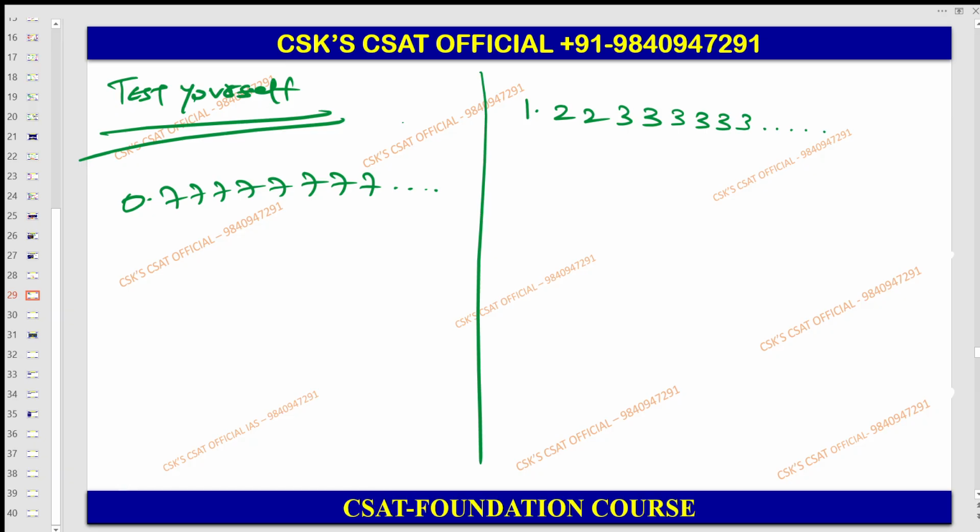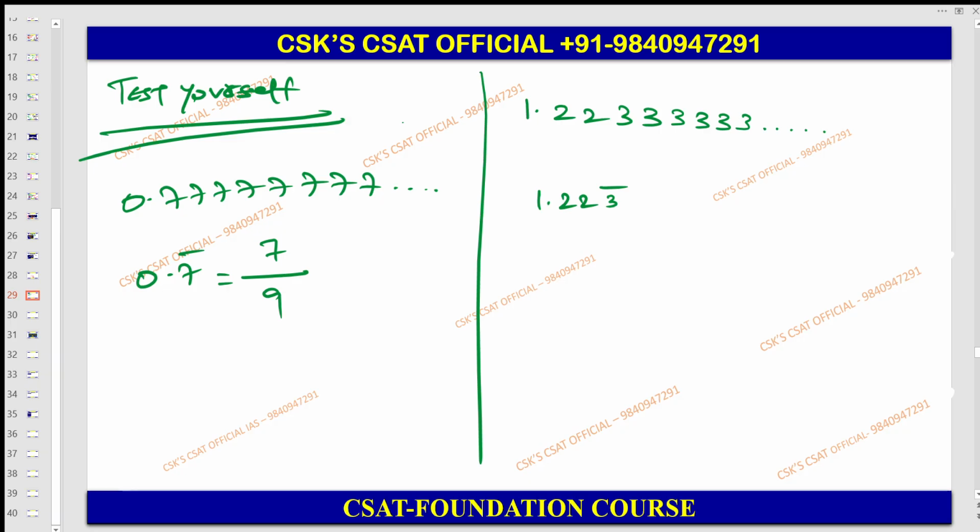What are the answers? What is the first one? First one is easy, 0.7 bar. So 9 will be there, 7 will be there. What is the second one? Yes, the second one, 1.22, 3 bar. Guys, please be careful, it's a 3 bar.